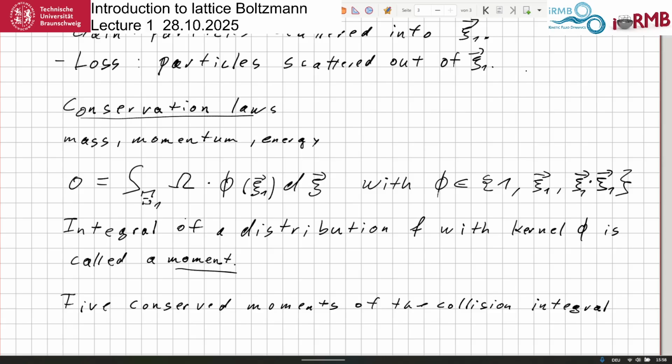By the way, the collision integral is not the integral that we have here. The collision integral is this omega, so we integrate the integral. That's the point. And so five conserved moments of the collision integral.